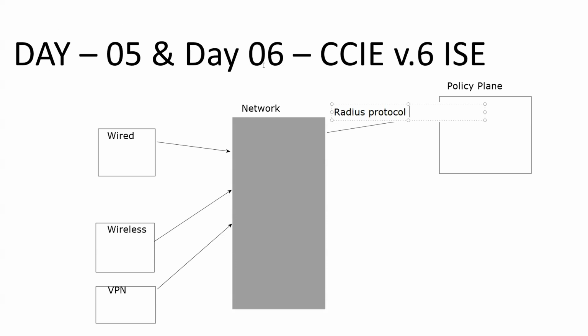Remember, in the network you have switches, routers, firewalls, etc. You configure those with the RADIUS protocol, authentication port, authorization port, and so on. This is a way of communicating between the network and ISE. You have L3 reachability between them. But what about these components? Here you may have different types of methods.